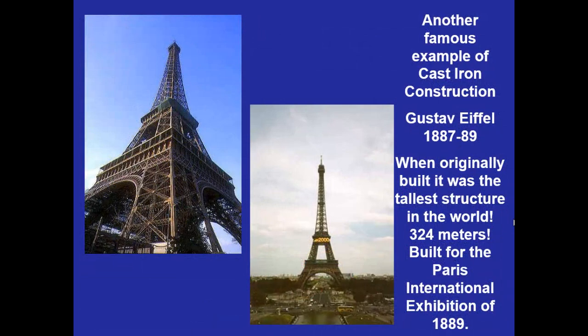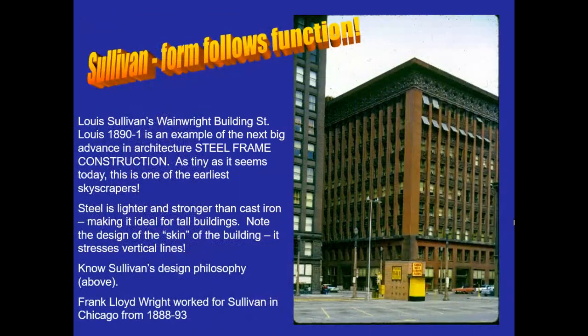So cast iron is the material that makes up the Eiffel Tower, and putting glass around it, this building has no skin. It's just the skeleton, which at the time that it was built, some people considered extremely ugly. We have a big advance, though, when we move from cast iron to steel. And so even though it may seem short to you, what you're seeing here is one of the first skyscrapers made possible because of the use of steel.